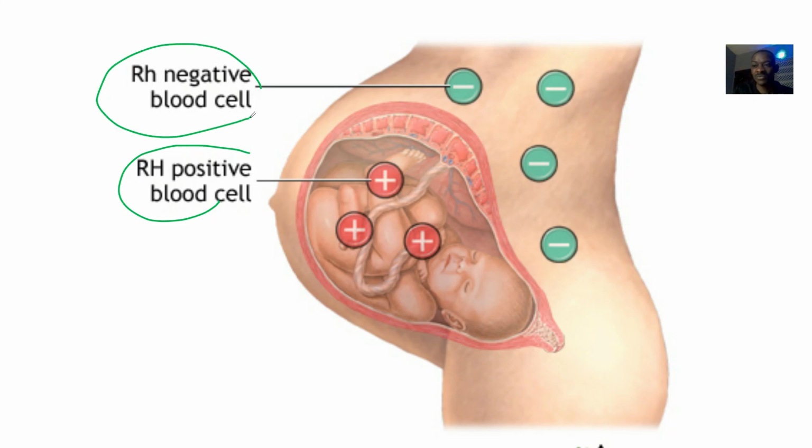Of course, negative and positive, they can't interact. Do you understand? So what happened was the woman had a baby.